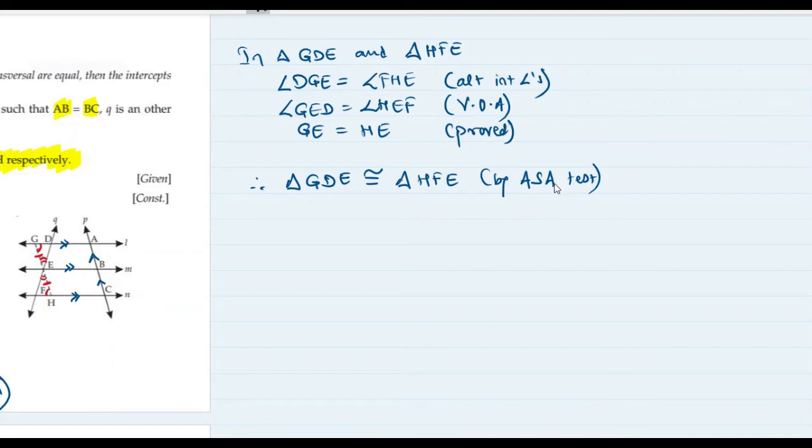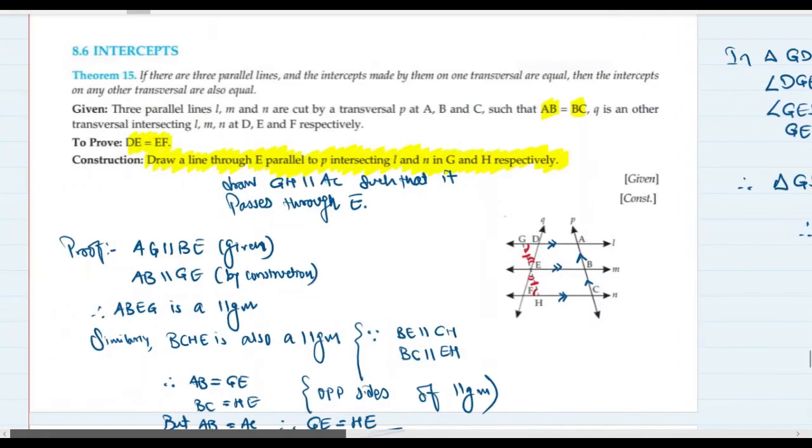GDE, HFE are congruent by ASA test. Okay, so can we say that therefore DE is equal to FE, CPCTC. That's it. And therefore it is proved that DE is equal to FE. Corresponding parts of congruent triangles are congruent.